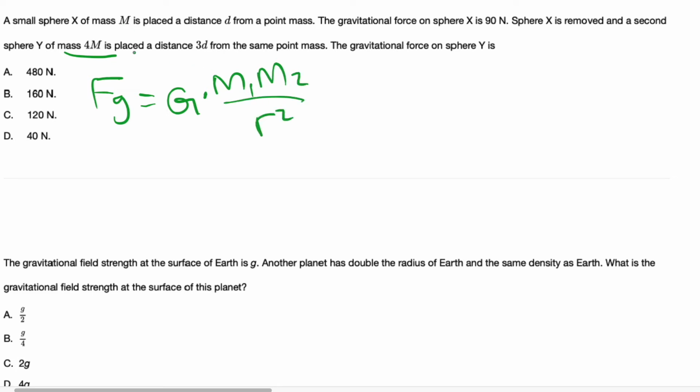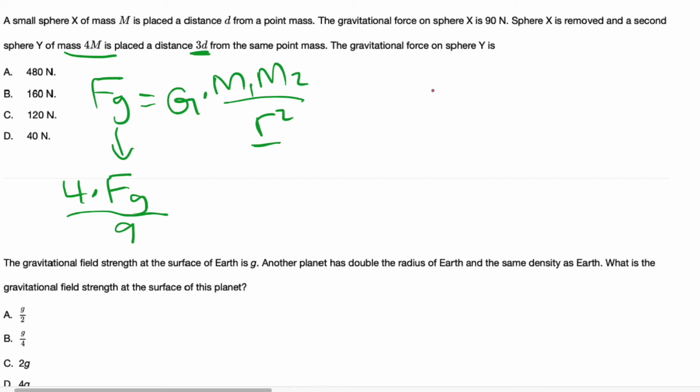So when your mass is multiplied by 4, your gravitational force is also going to multiply by 4. And when your distance between two objects is multiplied by 3, your force is going to be divided by 9, right? This is because of the r squared here.